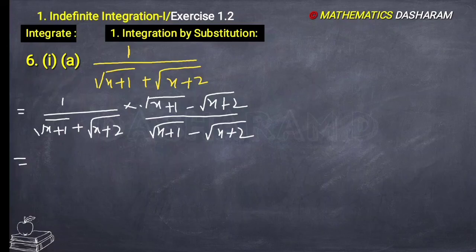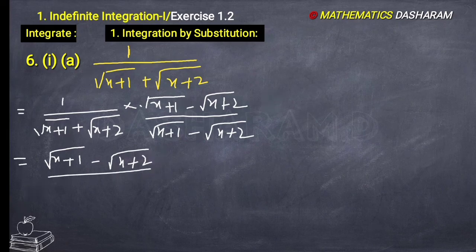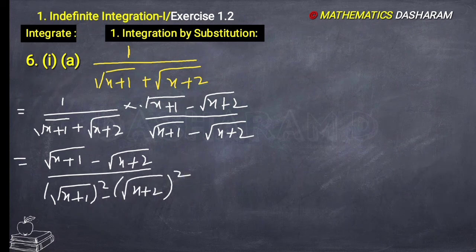It is equal to under root x plus 1 minus root x plus 2 divided by, for the denominator, here a plus b into a minus b equals a square minus b square. So root x plus 1 whole square minus under root x plus 2 whole square.